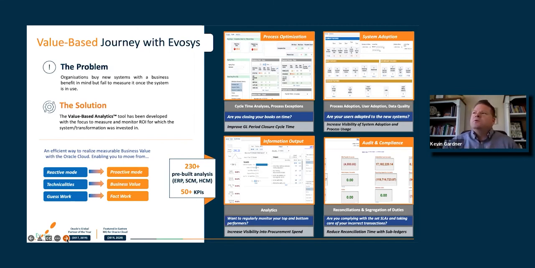Well, ultimately, what we're trying to do here is really take the organization from a reactive mode and give them access to technologies that allow you to be proactive, to plan out and look at the business maybe in different ways, taking those technicalities and really driving that business value, and ultimately removing that guesswork and providing factual information to make calculated business decisions.